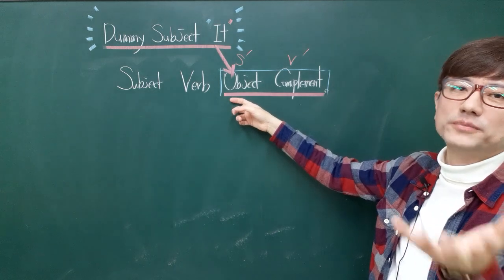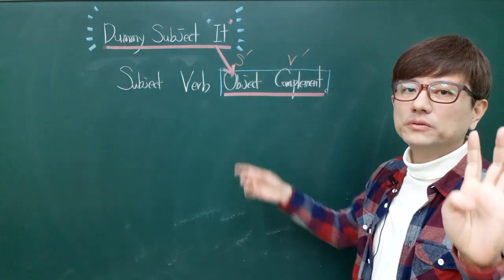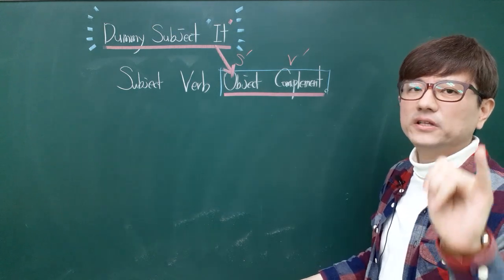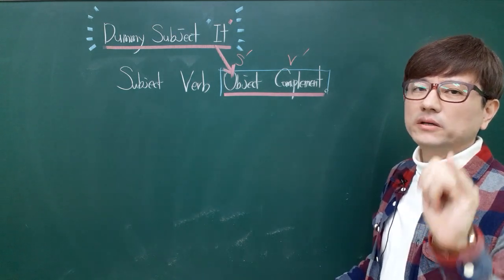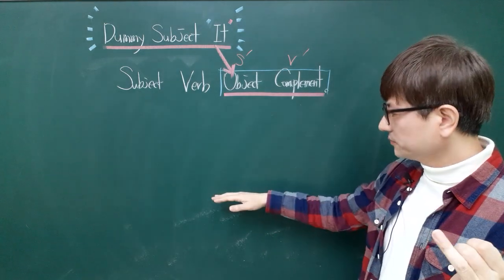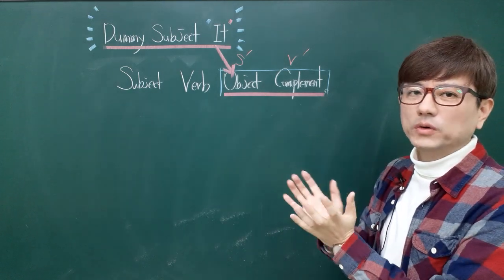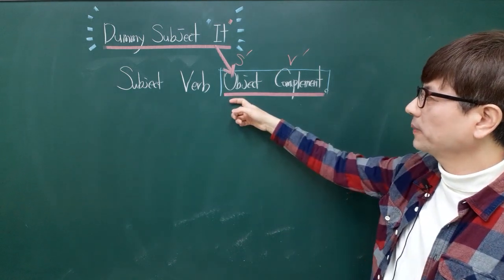Just as in the case of the subject, we can use pronoun, noun, gerund, infinitive, conjunction that, whether, relative pronoun what, and WH question. We can put all these things in the place of an object.